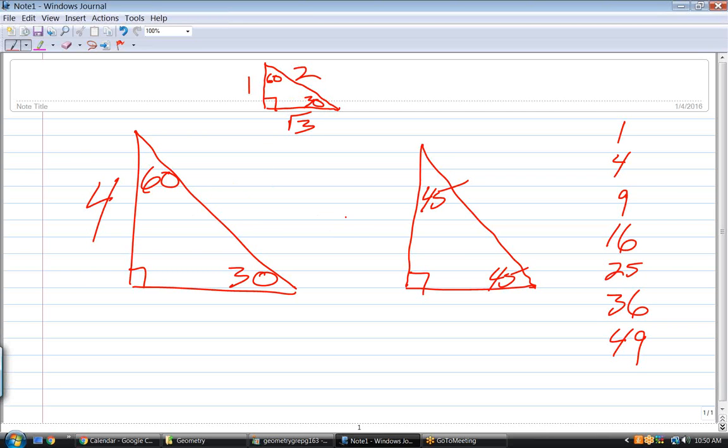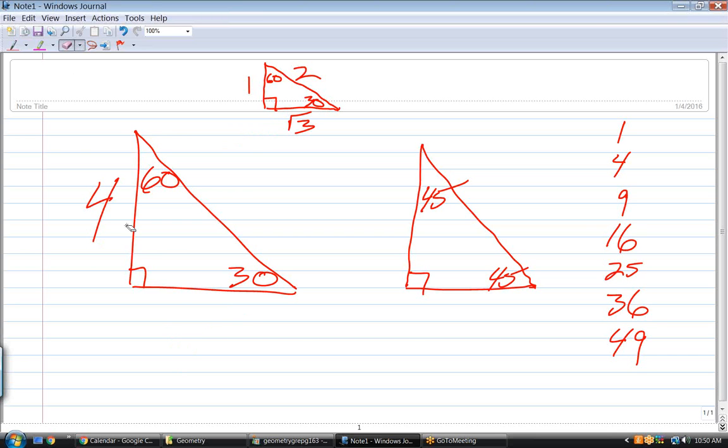What you have to do is compare corresponding sides. How much bigger is each side of this triangle compared to this triangle? 4 over 1. There you go. That's all you have to do. It's really simple.